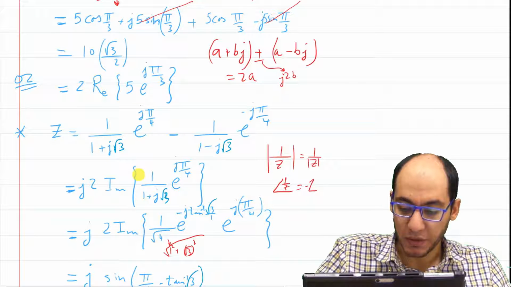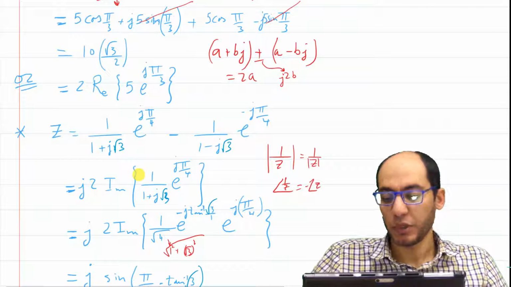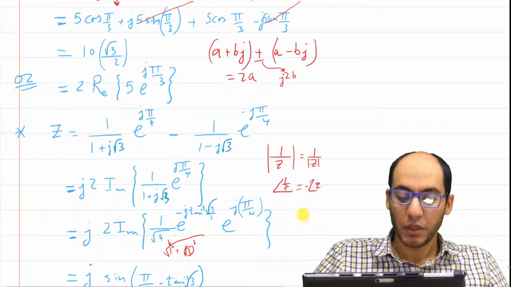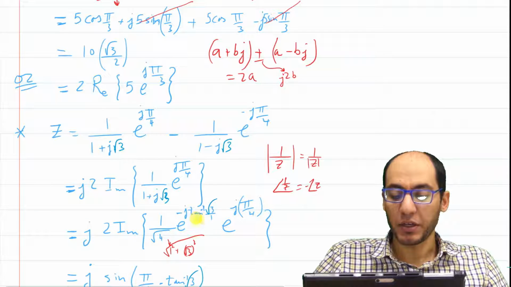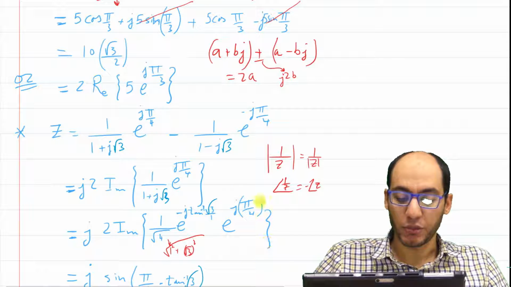So that's the negative multiplied by tan inverse of square root of 3 over 1. Okay, that's a number, and this is a complex number. All of these are phases.